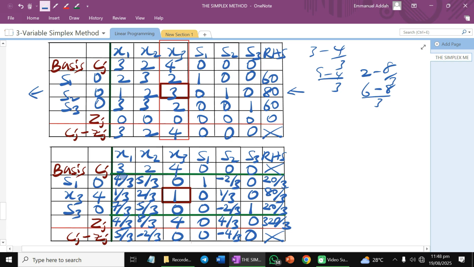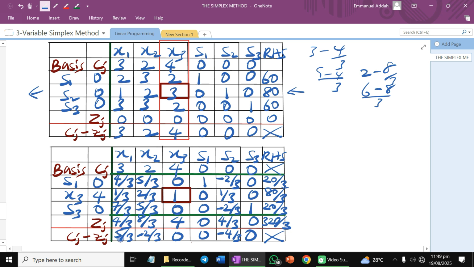In this case, if x1 goes into the basis, the profit will be increased by this 5 over 3. This is the margin to which the objective function will increase, which means the objective function will be maximized by any value here coming into the basis. If x2 comes into the basis, it will be reduced. If x3 comes in, you can see 0, nothing will happen.